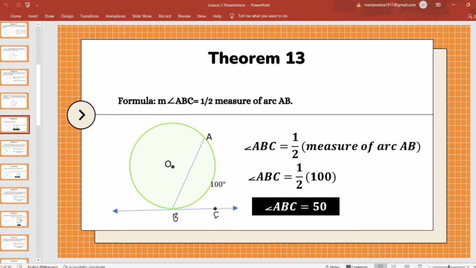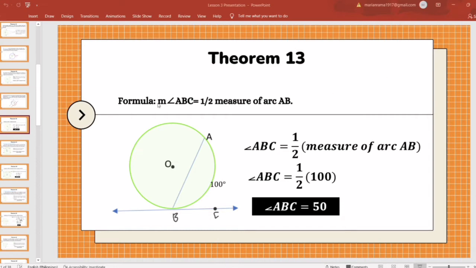Then 100 divided by 2, we have 50. Next, we have theorem 14.